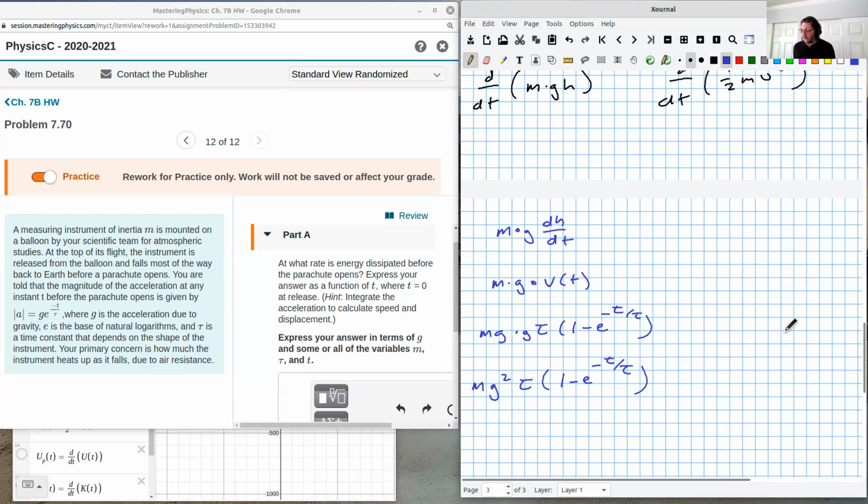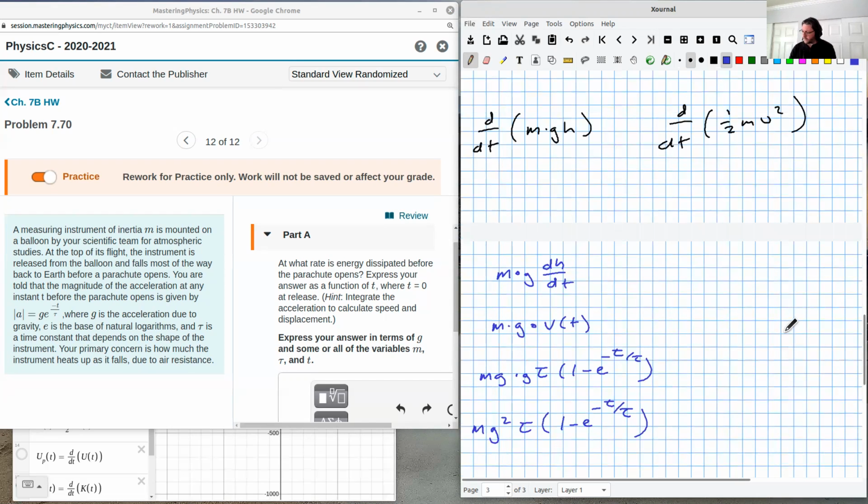Now I want to do the same kind of thing for the kinetic energy. Here I want the derivative of 1/2 mv squared. Well, the mass doesn't depend on the time, but the velocity does. So I need to do a chain rule thing. The 2 comes out front, and you get 2 times 1/2 times mv times dv dt. Chain rule.